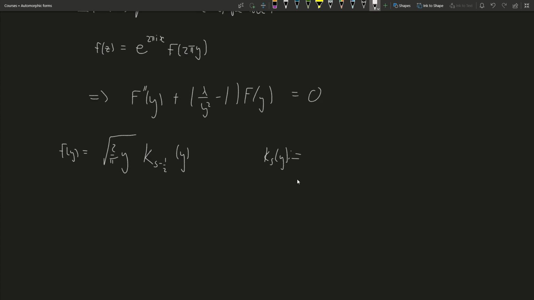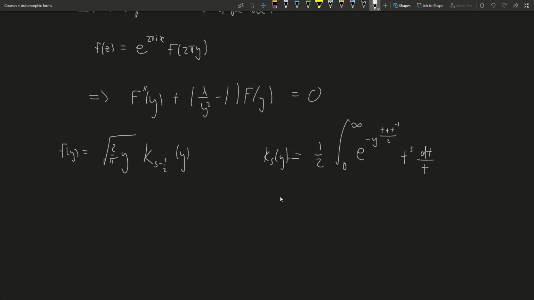It's defined to be 1/2 times the integral from 0 to infinity of e to the minus y times (t plus t inverse) over 2, t to the s dt over t.